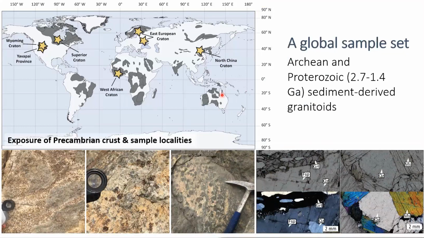And the idea behind targeting sediment-derived granitoids was that these samples allow us to analyze multiple different isotopic proxies within the same samples, including proxies for atmospheric oxygen level and continental recycling, and then tie those to an age, the crystallization age of these samples.